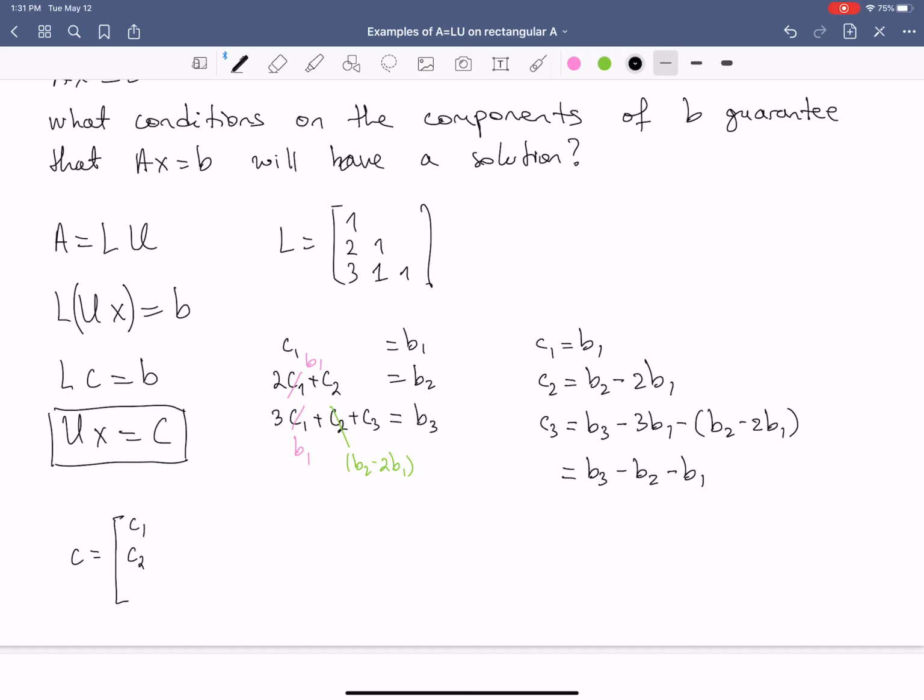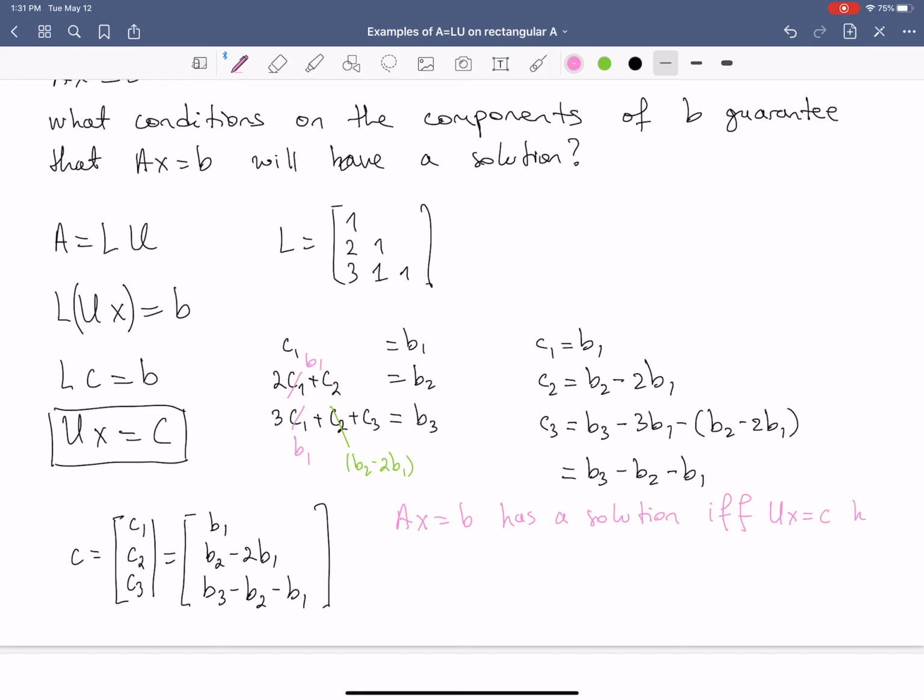So I have this expression for C with components C1, C2, C3, which is equal to B1, B2 minus 2B1, and then B3 minus B2 minus B1. Now, AX equals B has a solution if and only if, that's why I write a double F here, UX equals C has a solution.